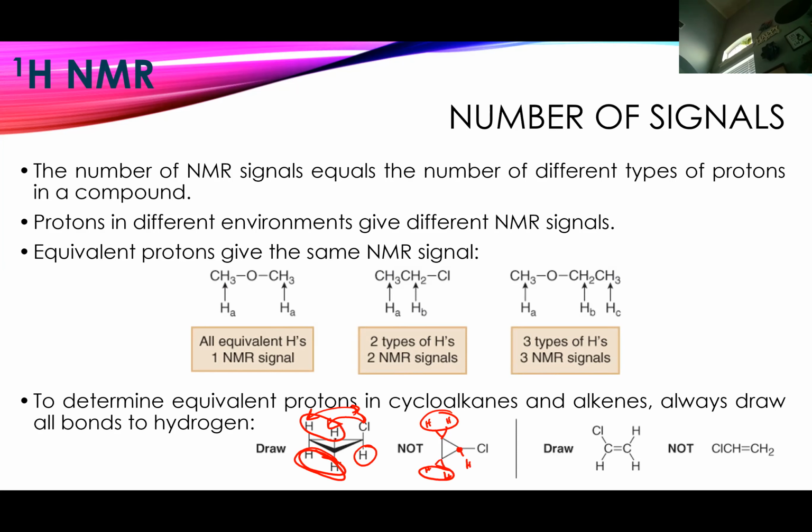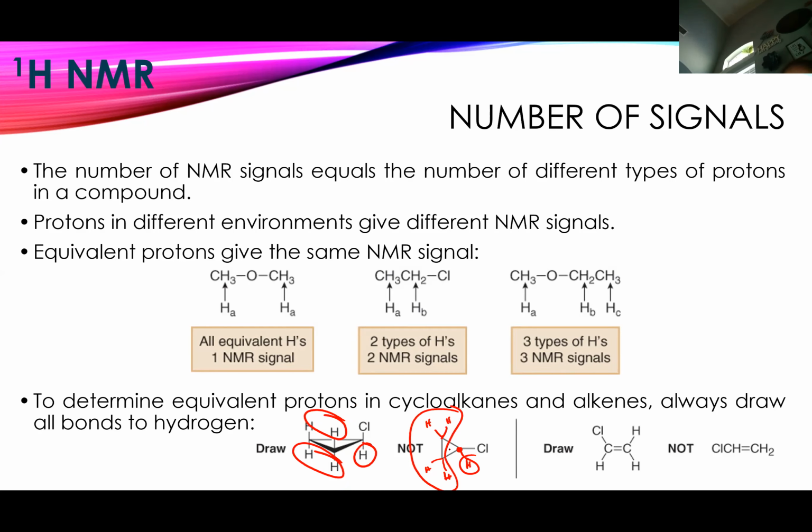So even though these are both CH2 hydrogens on the same carbon, they are experiencing totally different magnetic fields at the moment. So you end up with 1, 2, 3 unique sets instead of 2 unique sets. So you need to draw it out in 3D.